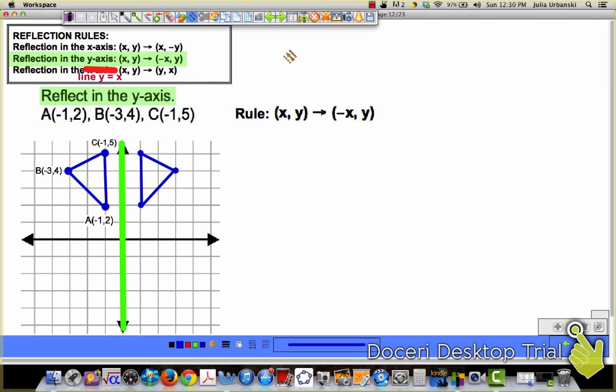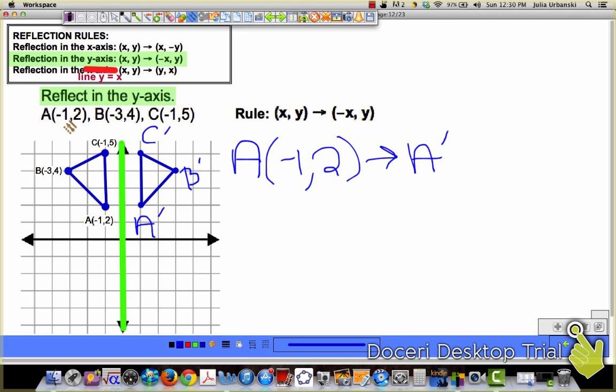But some of you like to be able to do it by algebra, so let me show you the way you could do it with the rules as well. This one was A prime, B prime, and C prime. Our images always have the little apostrophe, which stands for prime. So for the rule, I'm going to first of all take my point A, which started out at -1, 2. I'm going to follow my rule and see how the A prime came about.